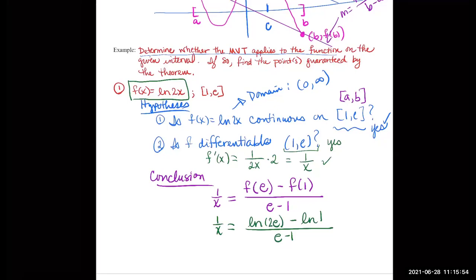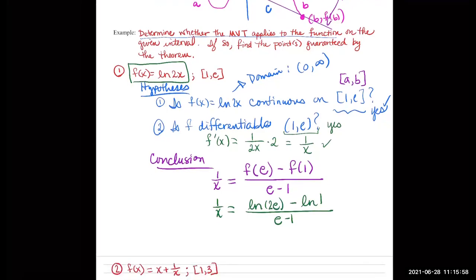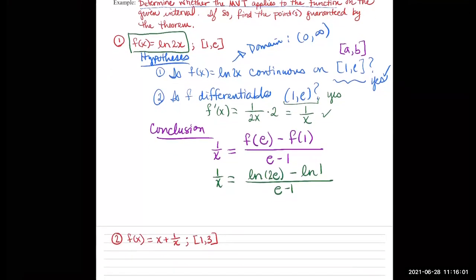Yeah, natural log of 1 is 0 because e to the 0 is equal to 1. So we have 1 over x is equal to the natural log of 2e over e minus 1.